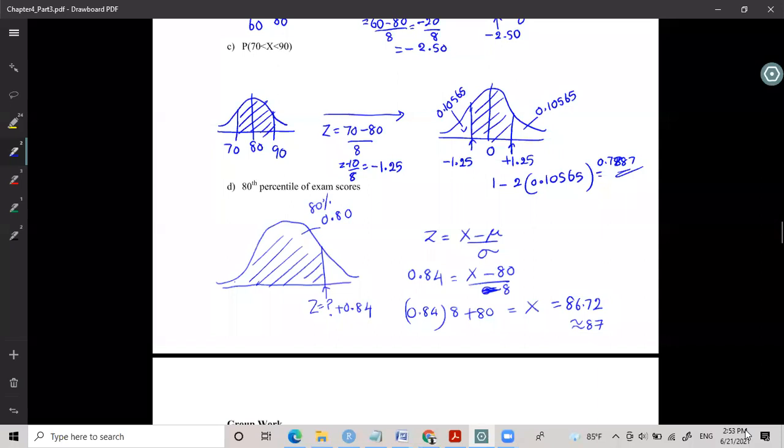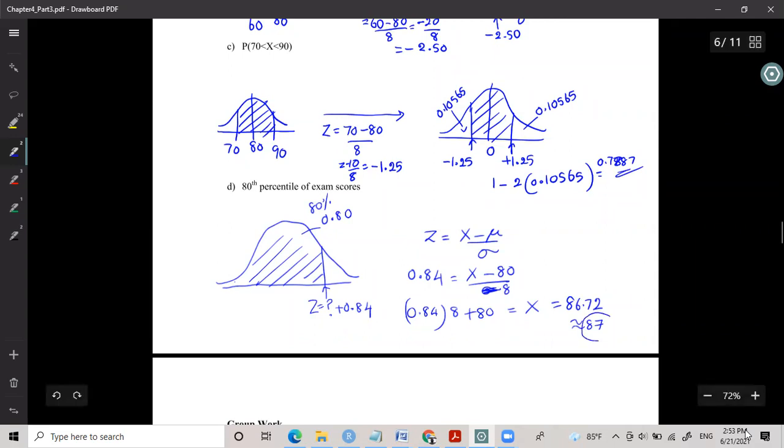That means 80% of students got exam scores less than 87. That is the 80th percentile. Okay, so this 87 means 87 is the 80th percentile. That means 80% of the students in this class got exam scores less than 87.